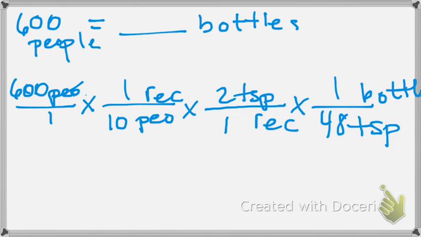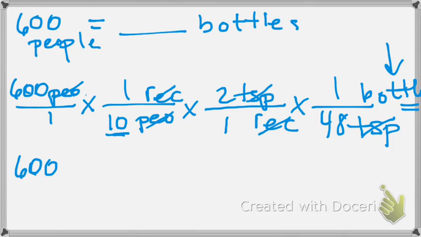So now all of these cancel out. And you don't actually have to mark these out. I just do so you can see them, so that we're left with bottles. And now we're ready to do math. Now, again, numbers on top, multiply, numbers on bottom, divide by. So in my calculator, I'm going to do 600. The next number I have, because I'm ignoring the ones, multiplying by 1, dividing by 1 doesn't do anything, is this 10 here.